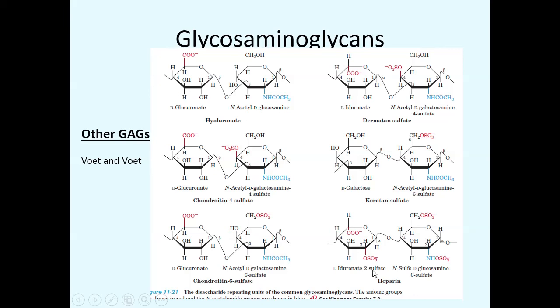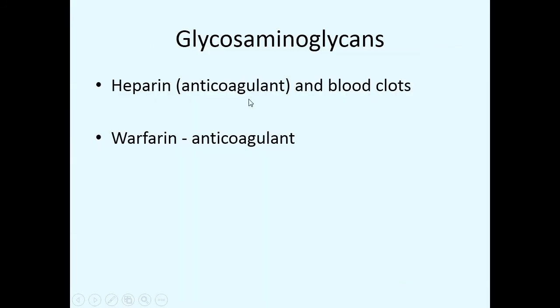The last one shown in this figure is heparin. Heparin is a naturally present anticoagulant in blood. Anticoagulants are those substances which prevent the process of blood clotting, whereas clotting factors carry out the process of blood clotting.